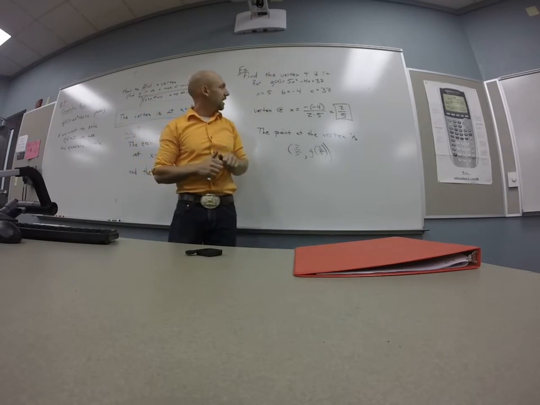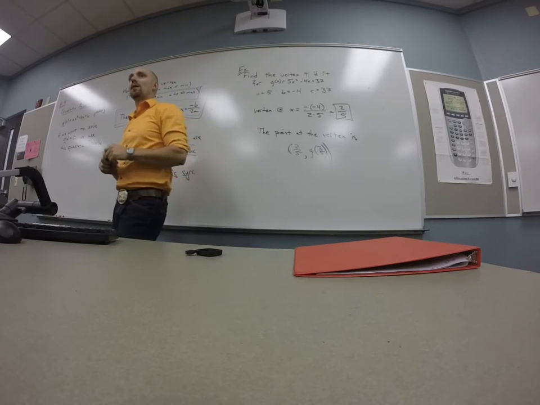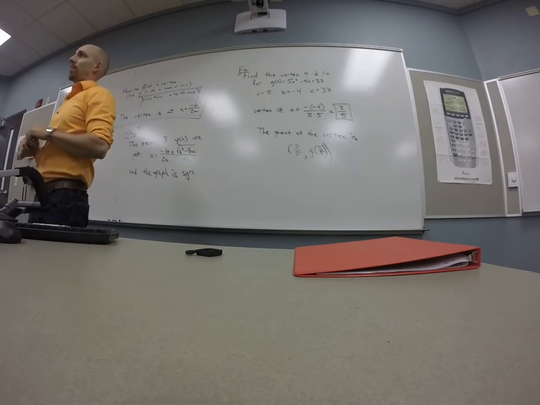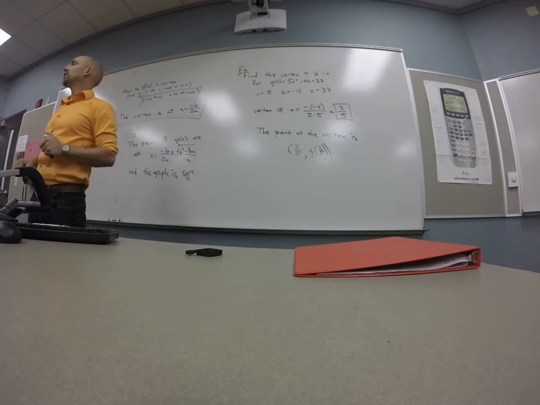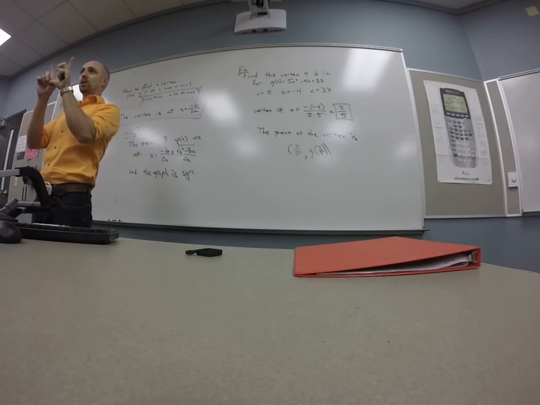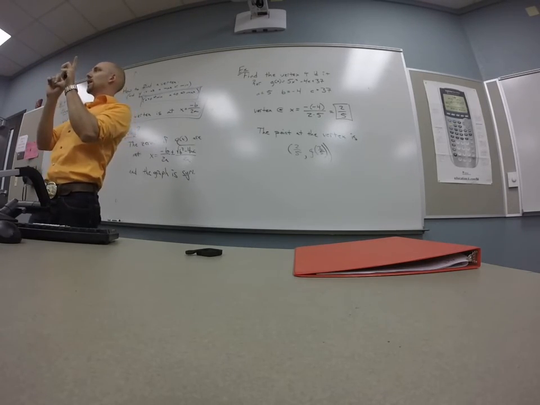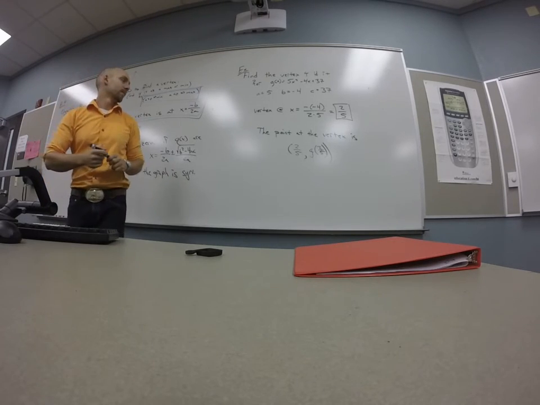I was supposed to identify it. Is that a max or a min? Okay, so A is bigger than 0, right? Because it's 5. That means it points up. So it looks like this, which means the bottom of it is a minimum.